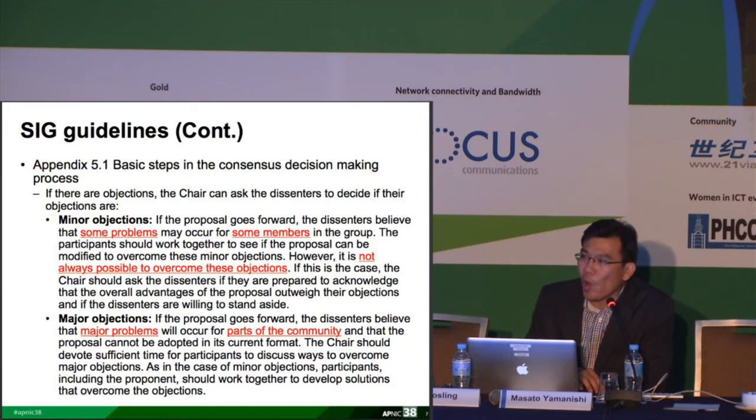So I'm not sure this position is the correct position, because the description of minor objections and major objections is pretty important, I think. But it's located in the appendix of the SIG guideline, not part of the policy.